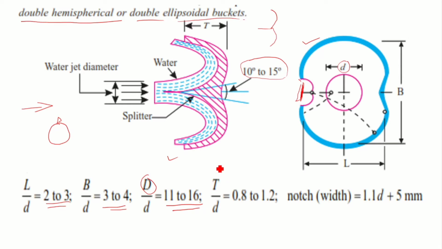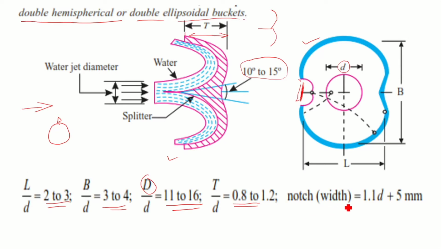of the bucket. So from this portion to this portion represents T. So T divided by the diameter of the jet. All these ratios are taken according to the diameter of the jet, and T by d is limited to 0.8 to 1.2.